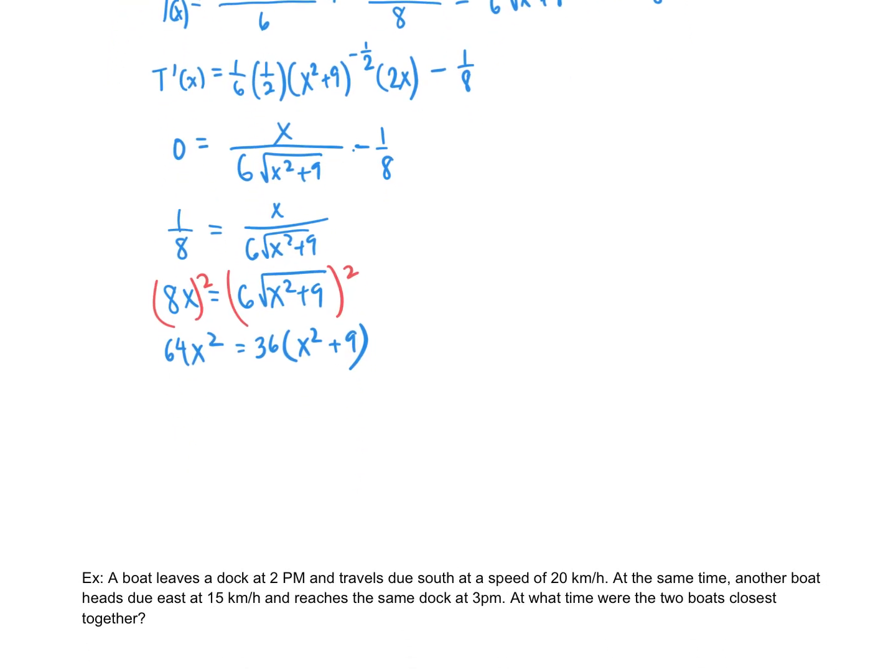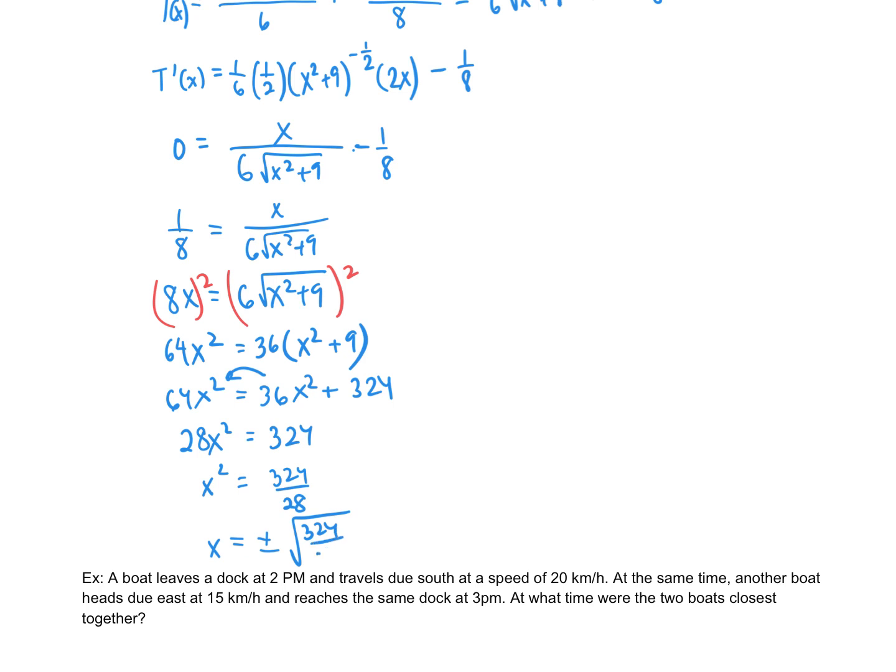Now I'm going to clean up some more. 64x squared equals 36x squared plus 324. And now we're just going to solve by isolation. So I'm going to bring that 36x squared over. I have 28x squared. Divide both sides by 28. And then we can square root both sides.